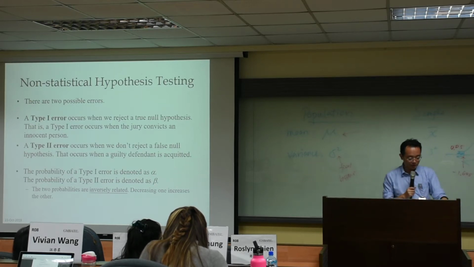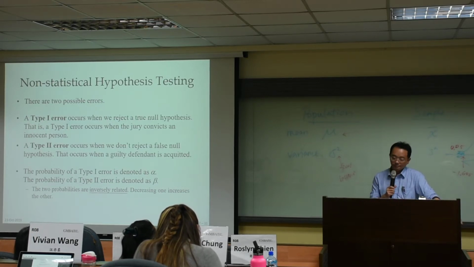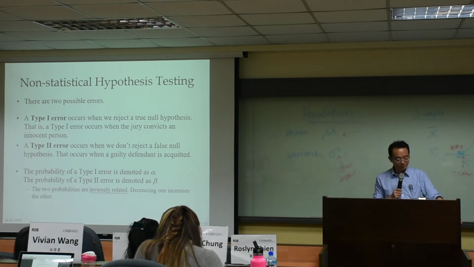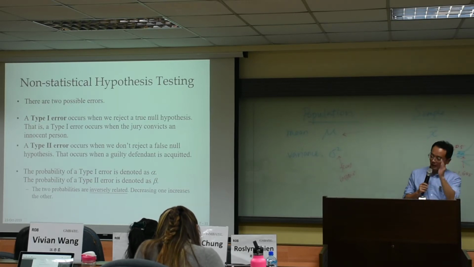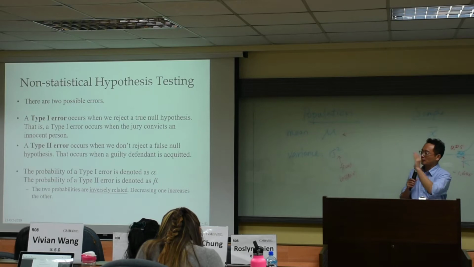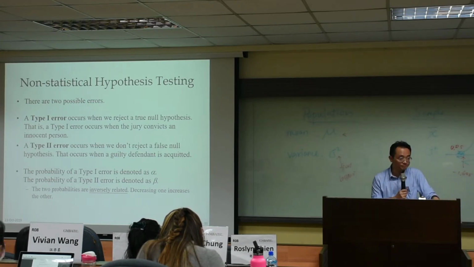And the second type, called type 2 error, occurs when we don't reject a false null hypothesis. The null hypothesis is incorrect, but we do not reject it. Notice I didn't use accept, we said we do not reject. So when a guilty defendant is acquitted, it means that we make a mistake as well. So this is a type 2 error.